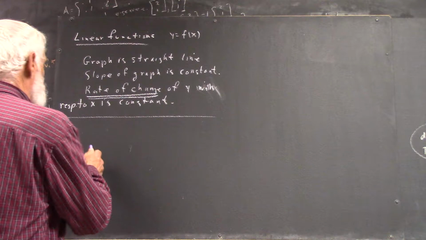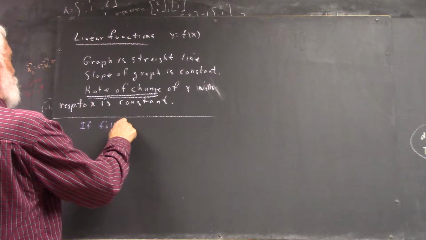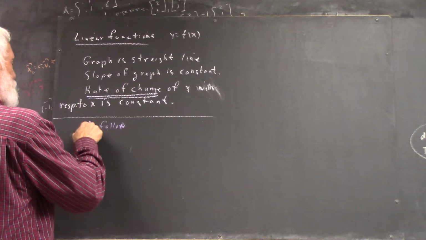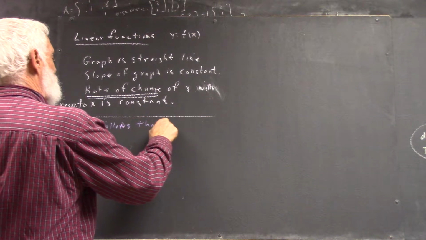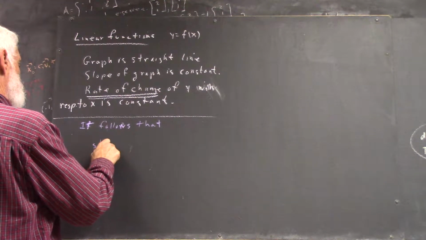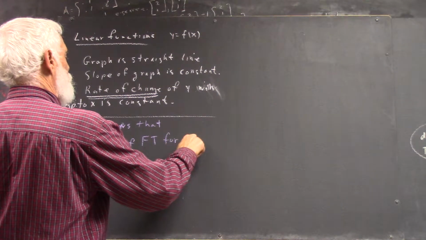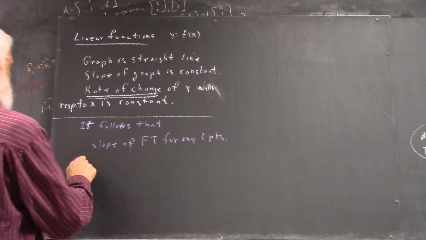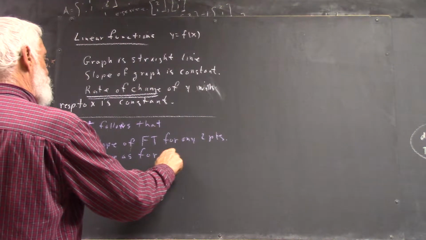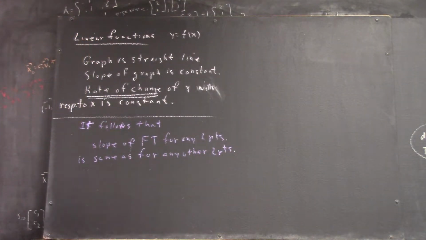We could also say it follows that the slope of the fundamental triangle for any two points is the same as for any other two points, right?